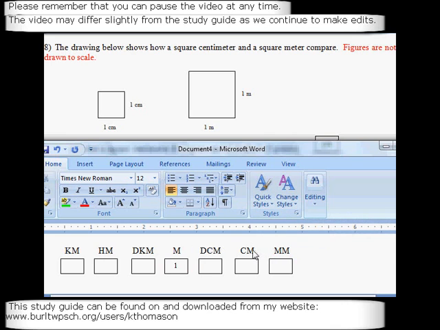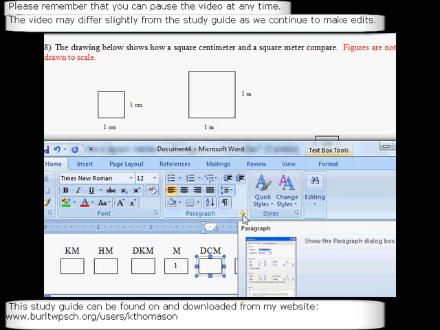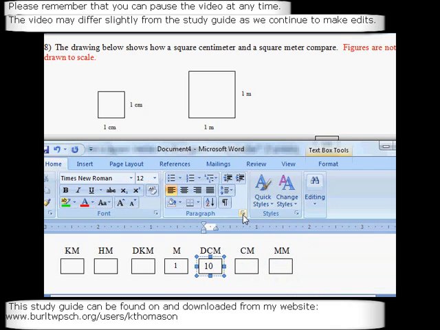So since these are small, it's going to take more of them to equal 1 meter. So when you go this way, it's in base 10. So it takes 10 decimeters to equal a meter. Then you just keep multiplying by 10. It takes 100 centimeters to equal 1 meter.